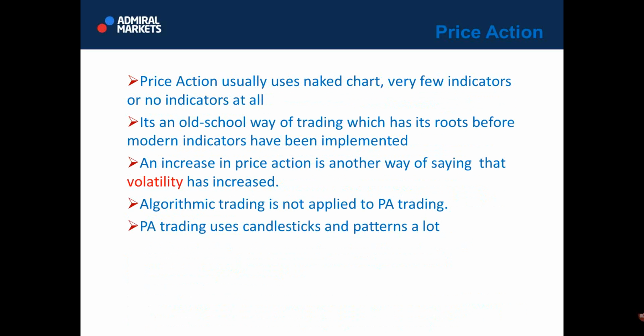An increase in price action is another way of saying that volatility has increased. Algorithmic trading is not applied to price action trading. Algorithmic trading is trading by indicators, and when you trade by indicators, you basically do not use pure price action.